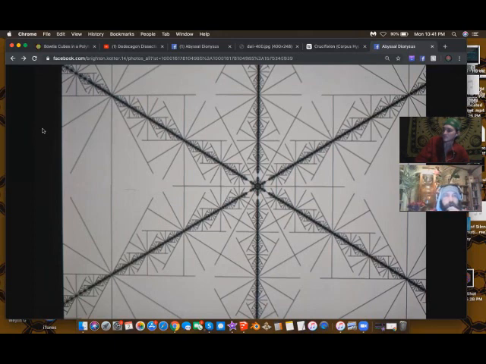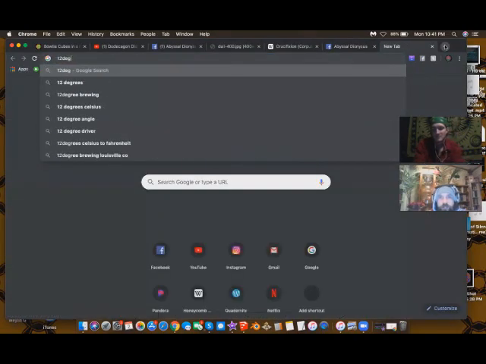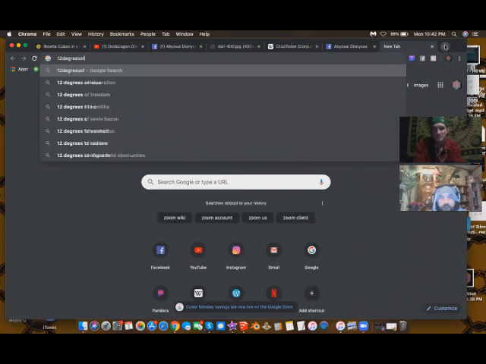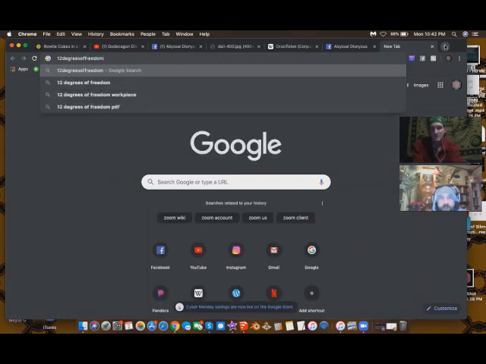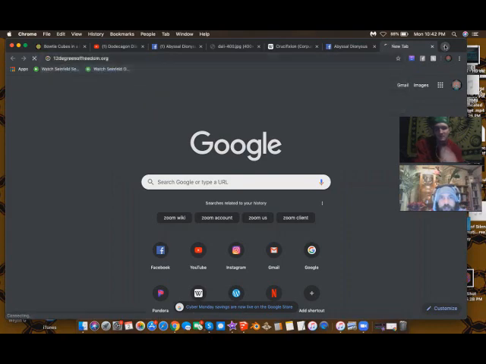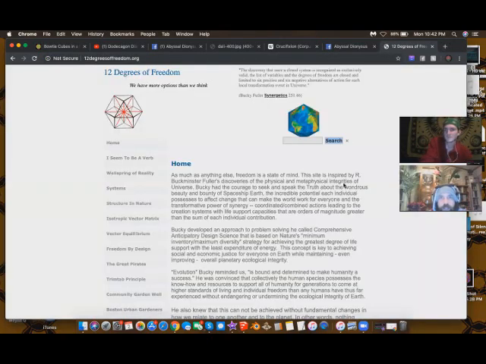So I looked up 12degreesoffreedom.org, which is cool. And it starts talking about how a system is the first subdivision of universe. It divides all the universe into 6 parts. First, all the universal events occurring geometrically outside the system.